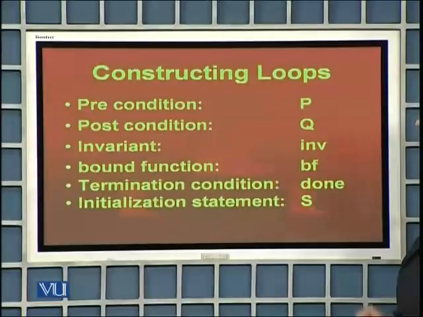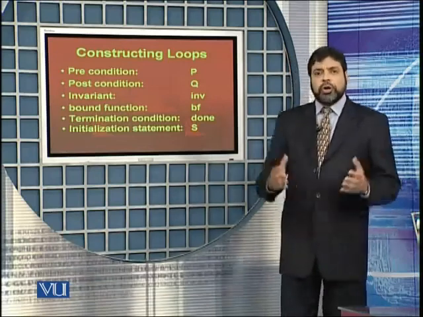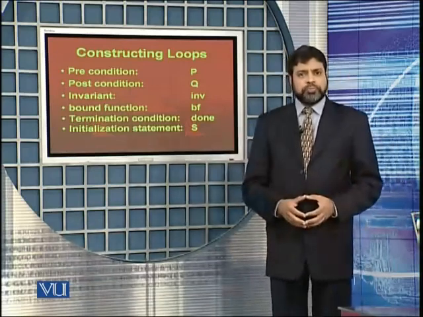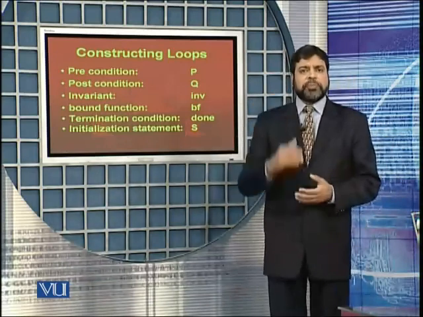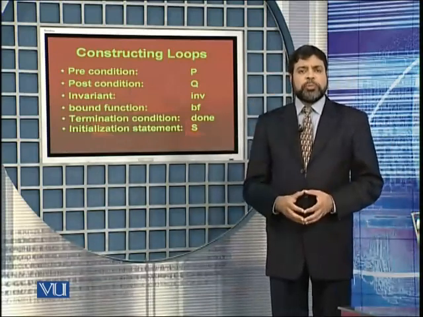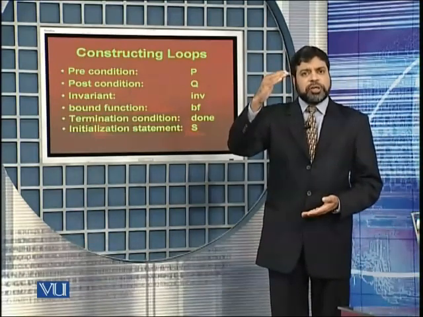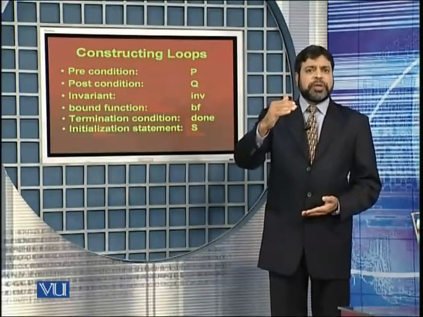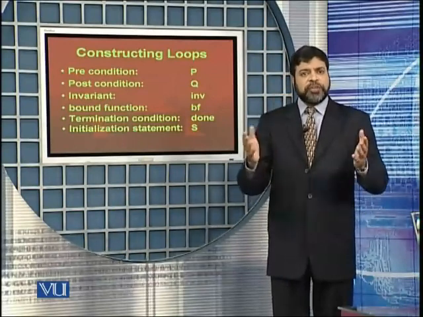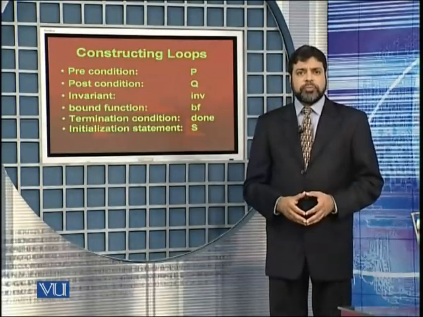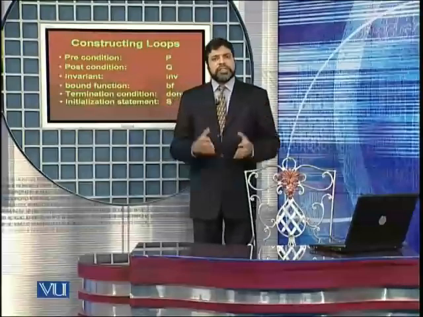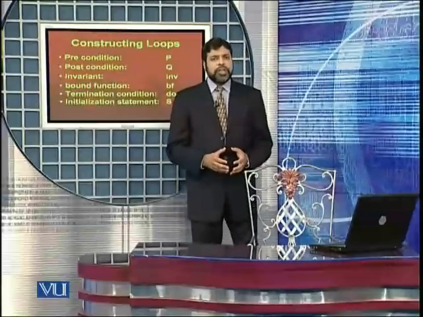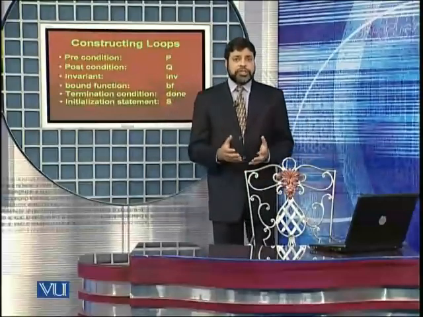And finally we have this initialization statement. So we start our loop, or actually a program which has a loop with the precondition P, and then after executing certain statements we come to this point where we have our loop. In this loop we have the invariant condition.